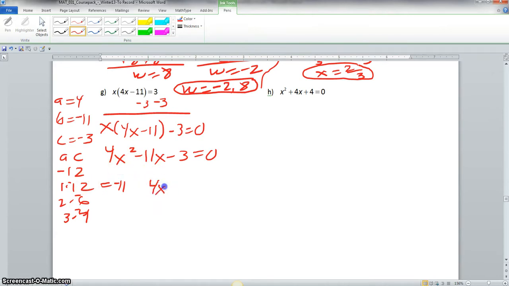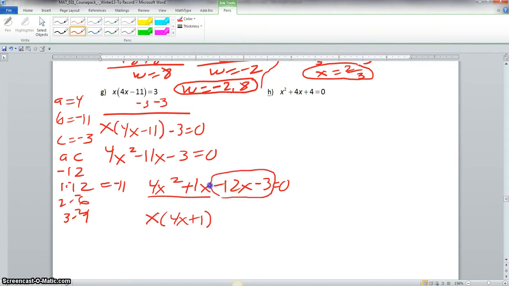We'll have 4x squared plus 1x minus 12x minus 3 equals 0. Now, our first two terms here, we can factor out x, and we have 4x plus 1. Our second two terms here, we can factor out a -3, and we have 4x plus 1.